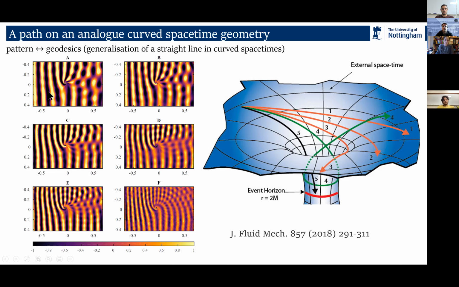What you see here are snapshots from A to F of coherent waves with different frequencies interacting with this vortex flow. And the question is, can we understand this deflection as geodesic motion in the system?